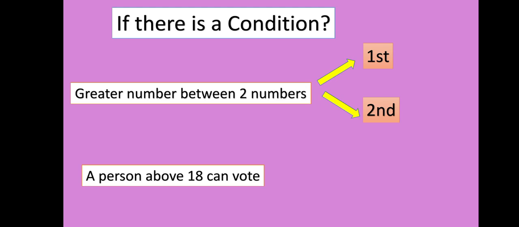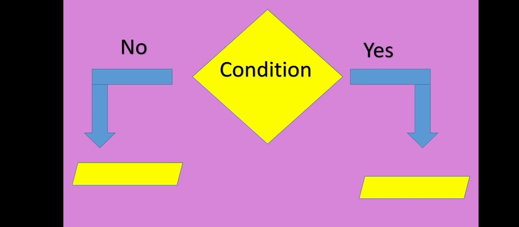A person who is 18 years or above can vote, and a person who is less than 18 cannot vote. So this situation also gives us two values: yes, a person can vote, and if not eligible, no, he cannot vote. So for such questions where a condition is involved, we use a condition box.